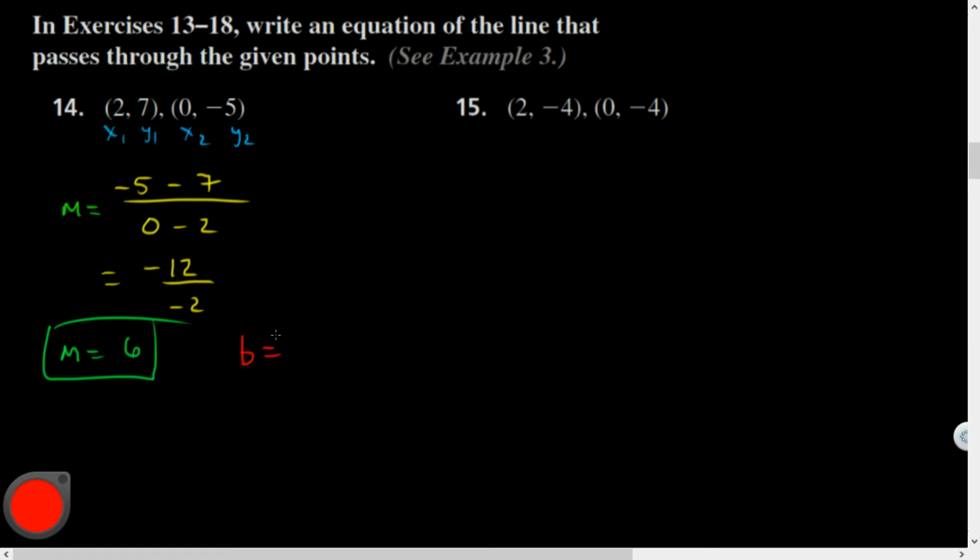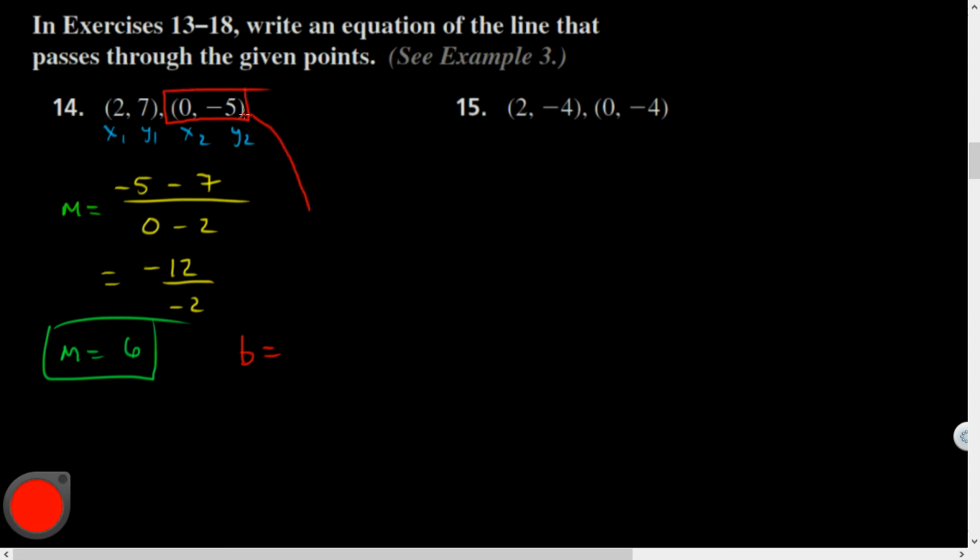Now the other thing I need to find is b. b is the y-intercept. That's where the line crosses the y-axis. Remember back when we would graph standard form using the intercepts method, I would find the y-intercept by plugging 0 in for x. And notice this point right here happens to have 0 as its x coordinate.